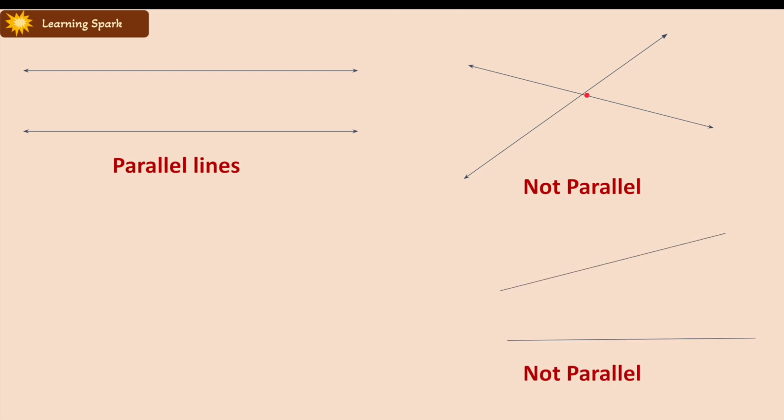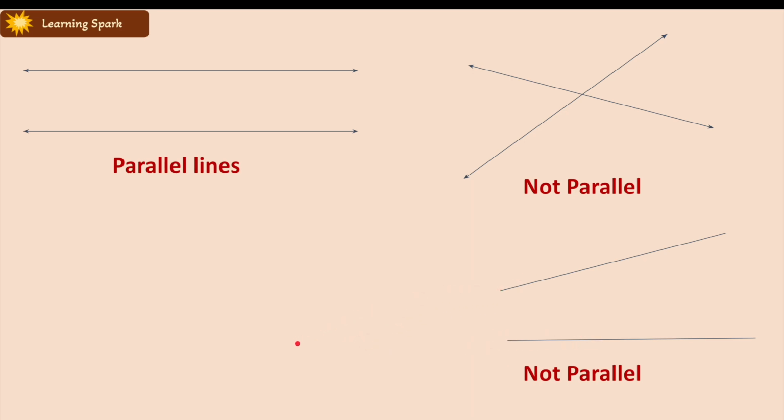Now, these two line segments here, are they parallel or not parallel? If you want to understand it, you have to see whether you extend these two lines, they will meet in any one of the directions or not. So if you extend these two lines in this direction, will they meet?